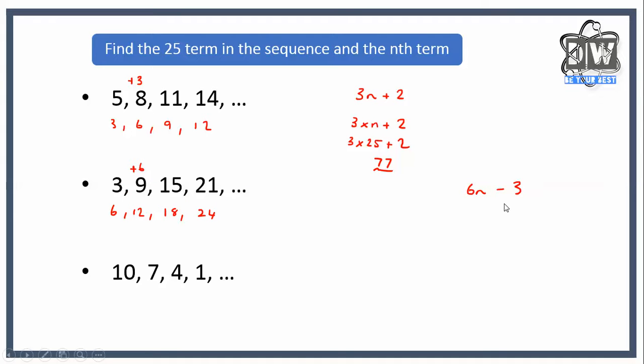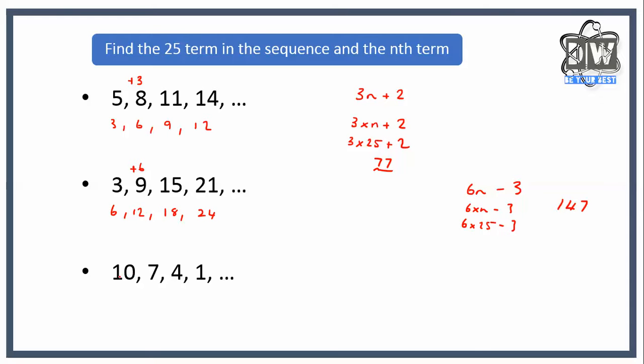So again, you might need to get out your calculators, but all we're going to do is take away that n. So remember, it should be 6 timesing by n minus 3. So 6 timesing by 25 minus 3. So get out your calculators and go 6 timesing by 25 equals 150. Take away 3 gives us 147. So our answer for this one would be 147.